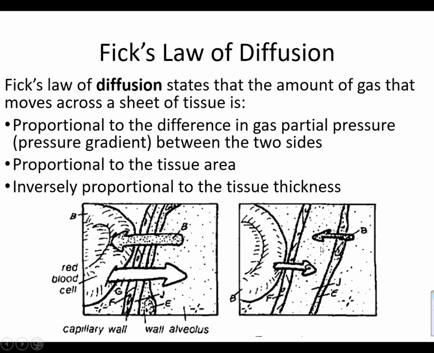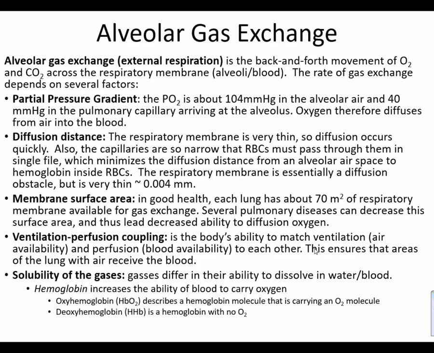Therefore, diffusion is reduced. Think of it like walking 5 steps versus walking 25 steps. Which one's easier? Which one's faster? Obviously 5 steps, right? So the thicker the tissue area, or the tissue thickness, excuse me, the less diffusion can be performed.